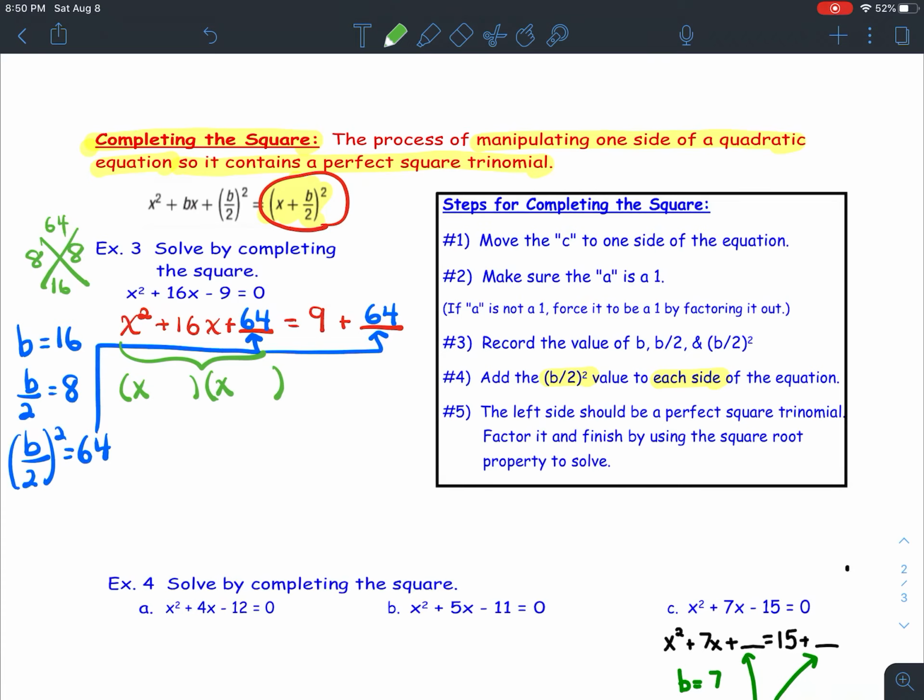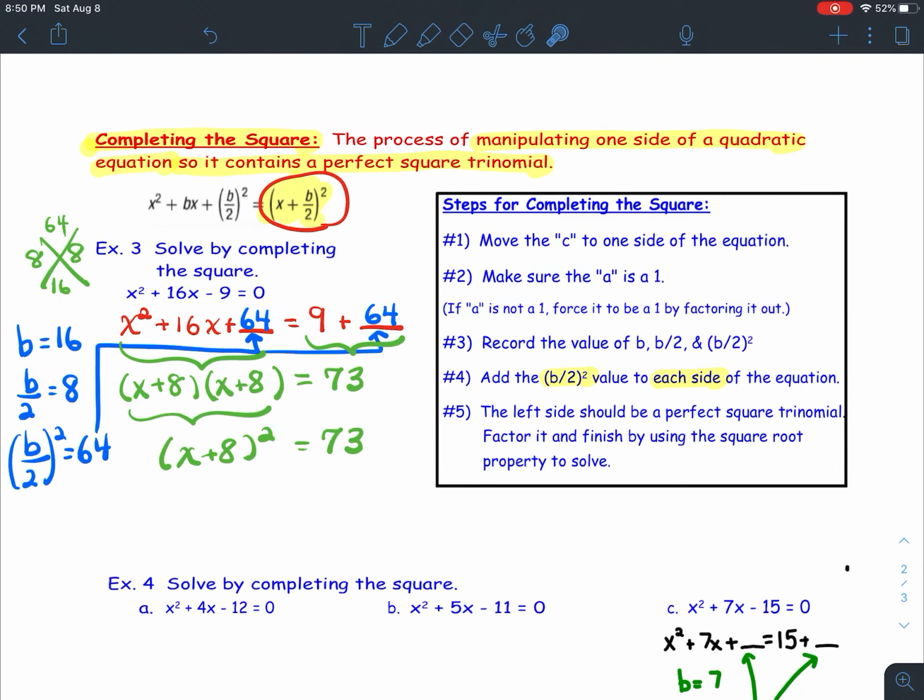If we went old school, we would make an X puzzle. What are 2 numbers that multiply to be 64 and add to be 16? Of course, 8 and 8. On the right side, I'm going to add 9 and 64 together to make 73. And this is a duplicate factor, so I'm going to write it as x plus 8 quantity squared.